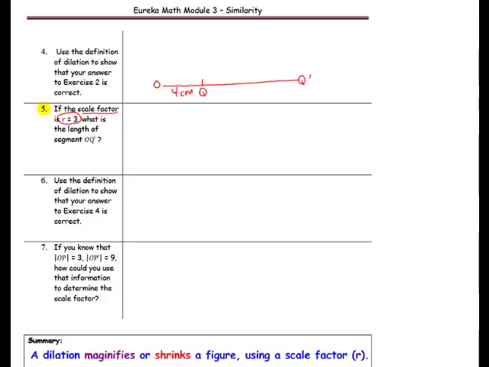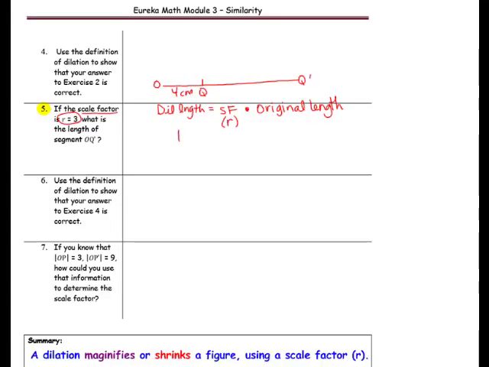And remember, that is our scale factor. So we know that our dilated length is equal to the scale factor, which is R, times the original length. And if you write this down a few times, it helps you to memorize it.